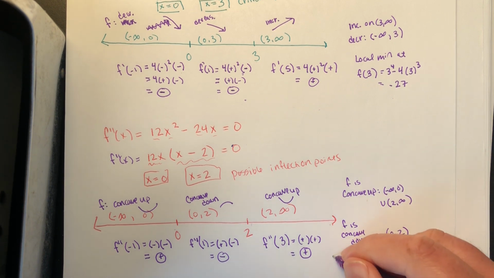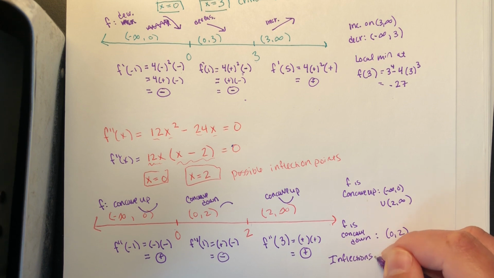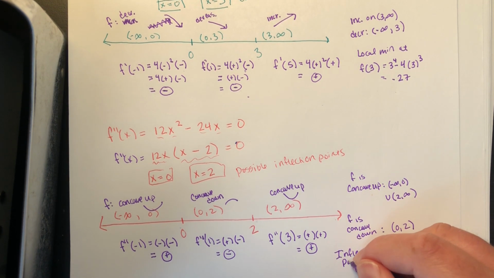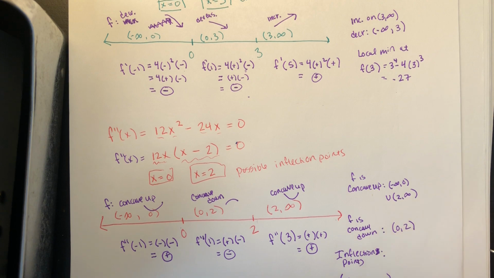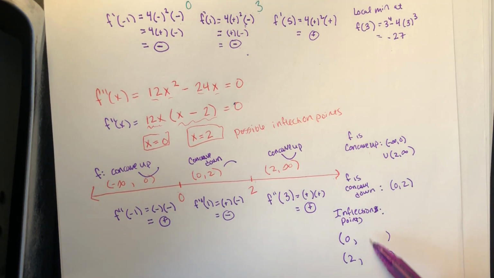Great, and our inflection points, remember inflection points are both x values and y values, inputs and outputs. So we have inflection points at 0, comma something, and at 2, comma something. And to figure out what those outputs are, we have to actually plug 0 and 2 into the original function.